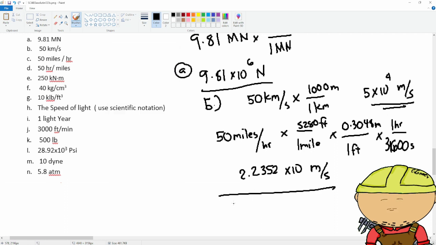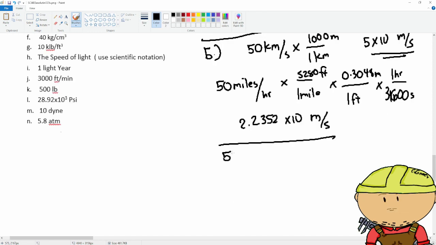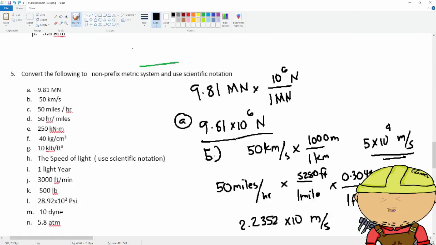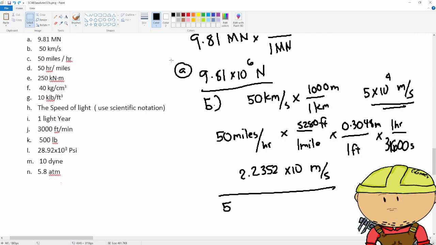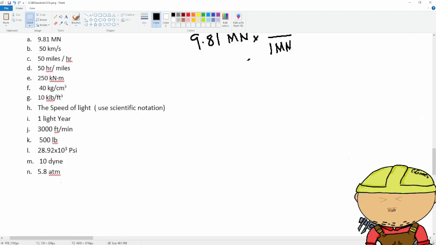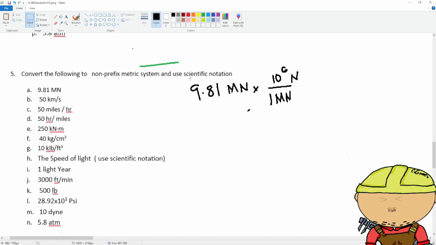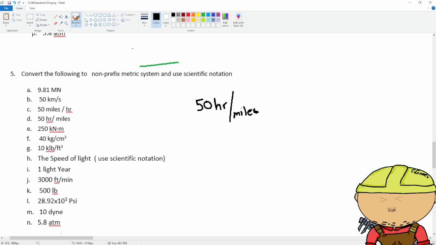Okay, 50 hour per miles. I'm just going to keep this so we can still see the given. So for 50 hour per miles, we're going to convert that to seconds and meters. 1 mile is 5,280.